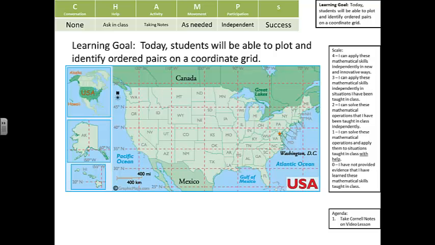Alright, so here you see a map of the United States, and you see in red that there are lines going up and down and lines going side by side, and if you look along the edge of the map, you'll see that they have numbers on them. And we can use those numbers and where those lines are to identify certain locations, in this case in the United States of America.